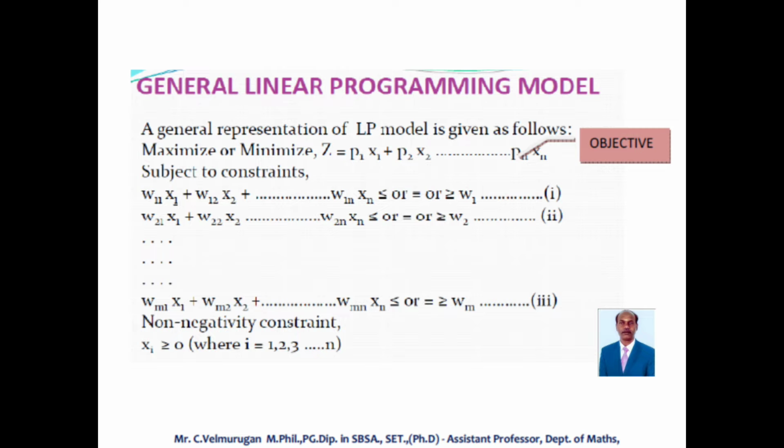Depending upon the availability, we can use the notation less than or equal to or greater than or equal to. Suppose we have only 100 rupees, we can use up to 100 rupees only. We can't use more than 100 rupees. During that time we use less than or equal to. Suppose the amount must equal a particular amount, then we can spend that particular amount only. During that time we use equality.